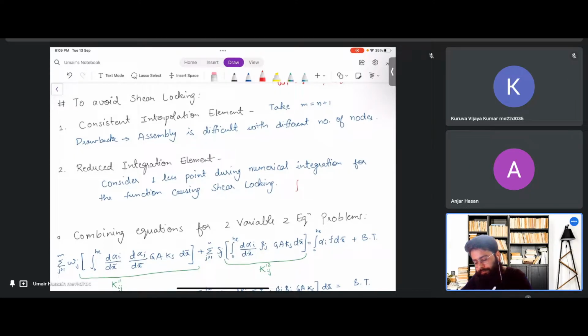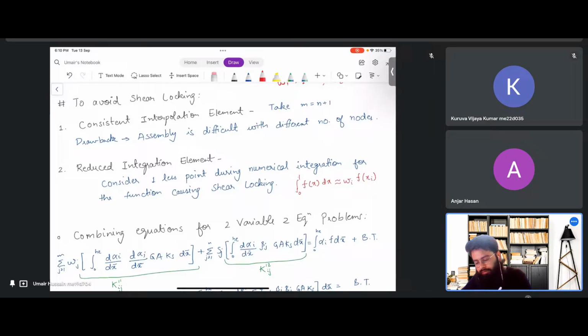If we have some function given, we can simply numerically integrate it by multiplying by a certain weight function and acquiring the value of the function at certain points.